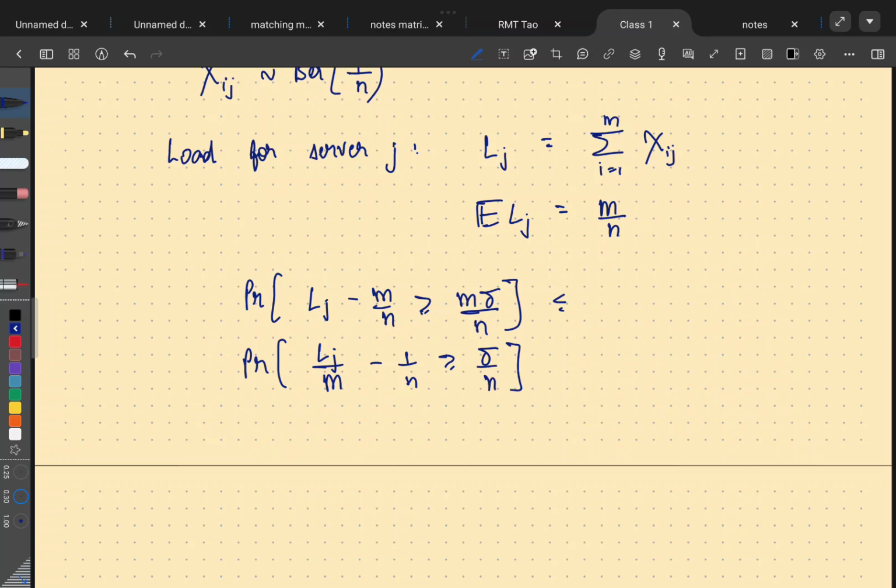This essentially gives me the same thing, which is less than or equal to 2 times exponential of minus m delta square p divided by 2 plus delta.